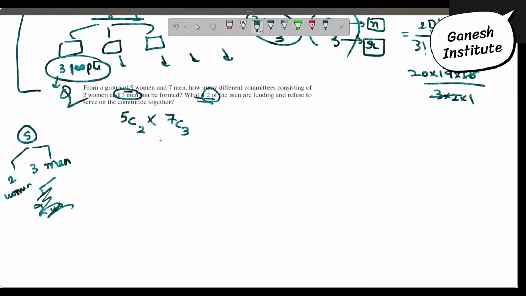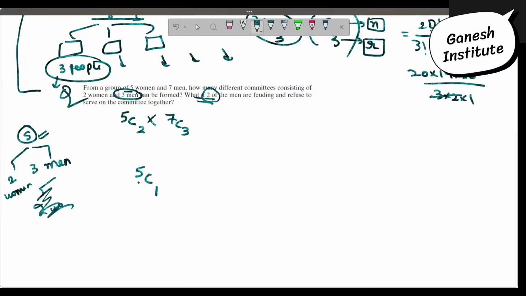If I'm grouping them together, what is the combination? 5C1 out of these 5, I have 2 people together, and the women will be 2C2.